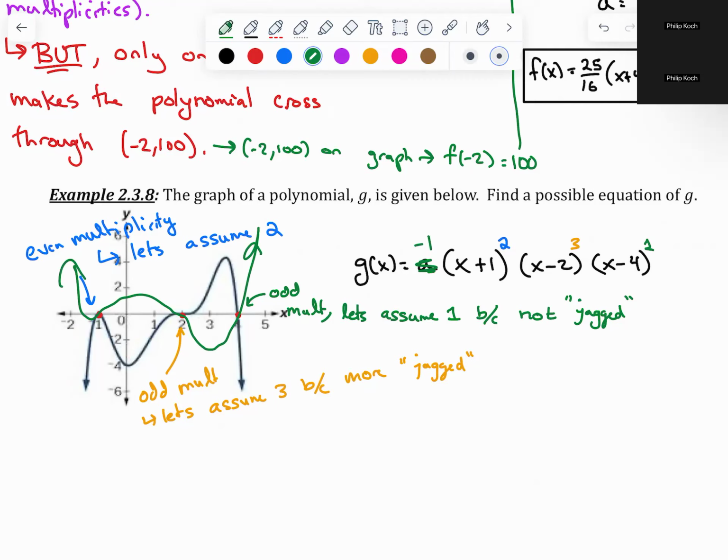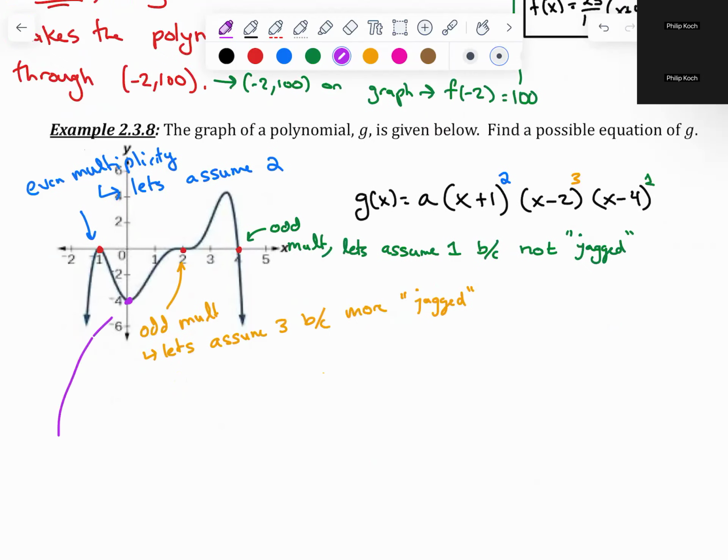However, we're given an initial condition. It's giving f of 0, right? If I were to give this on an exam, I would make sure to plot and show this point. There is a y-intercept at (0, 4).